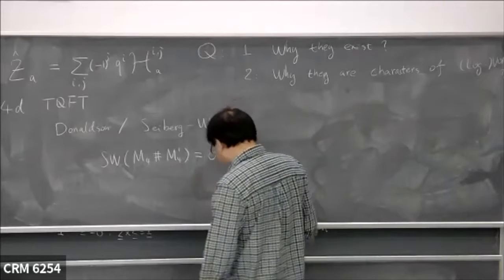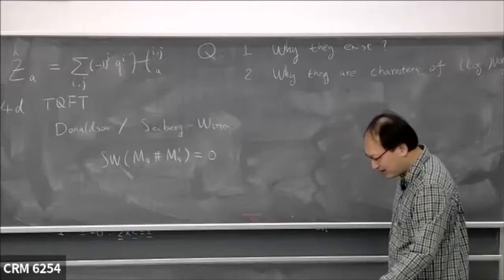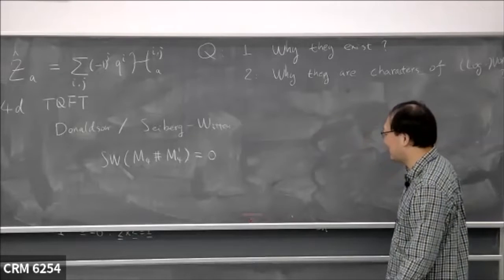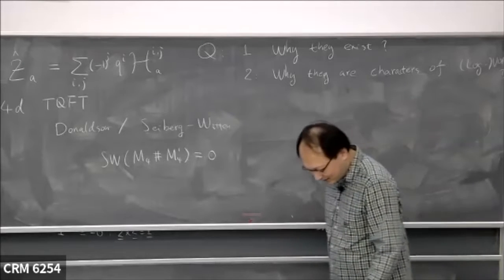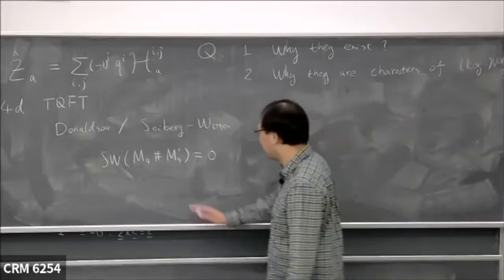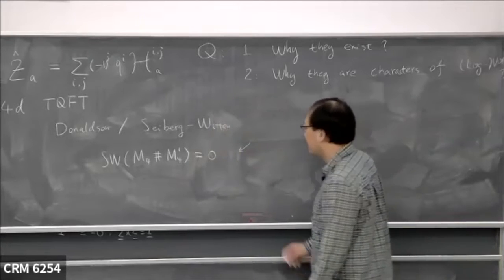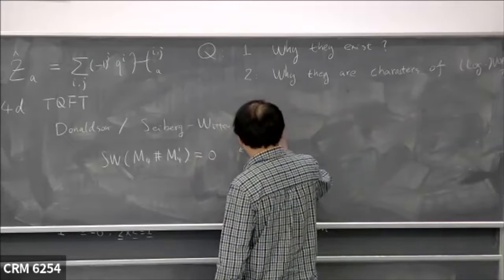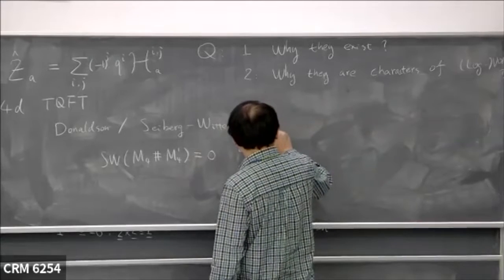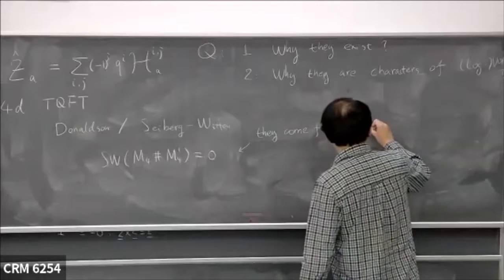So can we do something that is slightly better than those invariants? First one should ask, what's actually wrong with those invariants? The answer seems to be that they come from 4D theories.